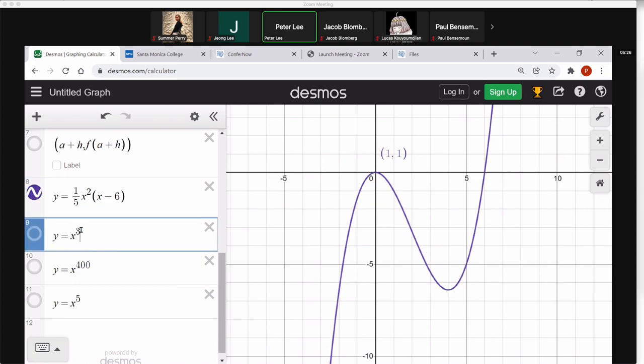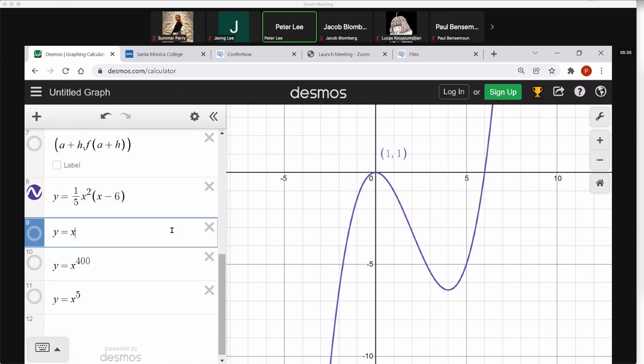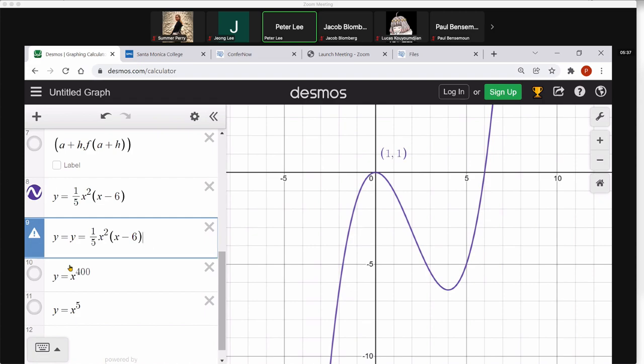How would the graph look if we have, let's say, this one here? I'm going to copy it here. Okay, this.